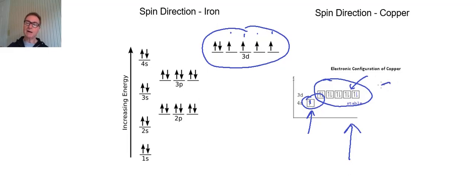It's really the outermost shell electrons that determine whether an object is magnetic or not. So iron is magnetic. Copper isn't magnetic, and it has mostly to do with the electron configuration of those outermost shell electrons.